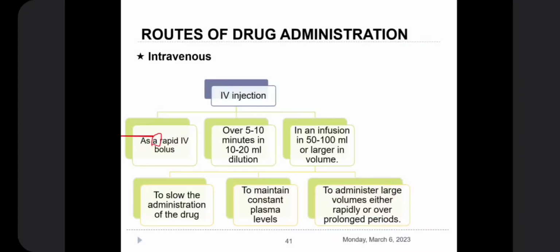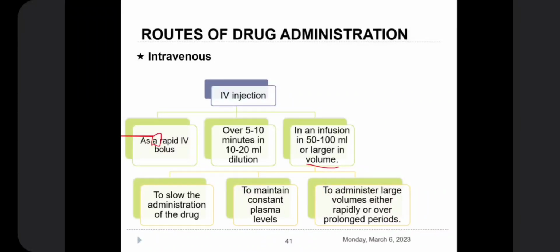Yeah, this is a rapid IV bolus. And maybe we can put the solution into a bottle and then slowly inject it. And maybe we can put a solution into a big bottle, and through the vessels it finally enters into our veins, like this one, a very large volume.